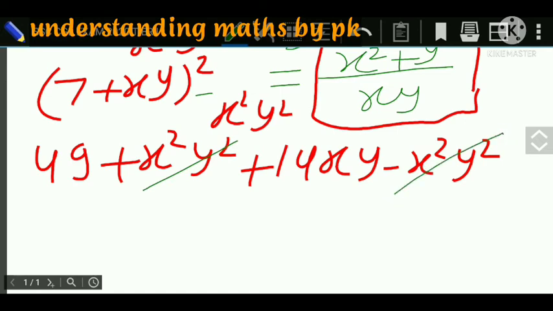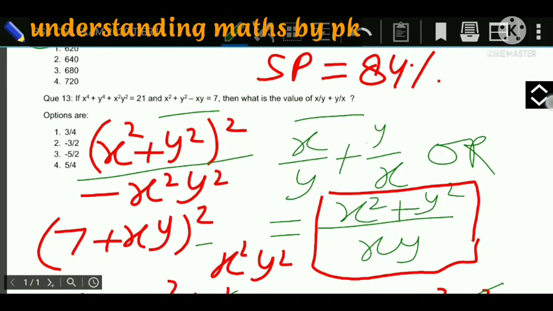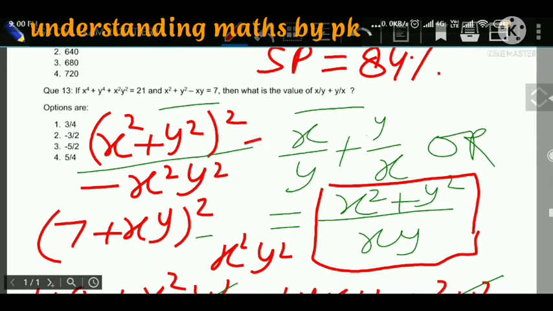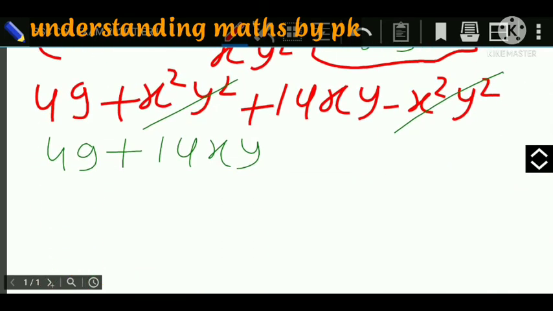Now what is left? 49 plus 14xy. This whole value was equal to 21. So here we will write 21.